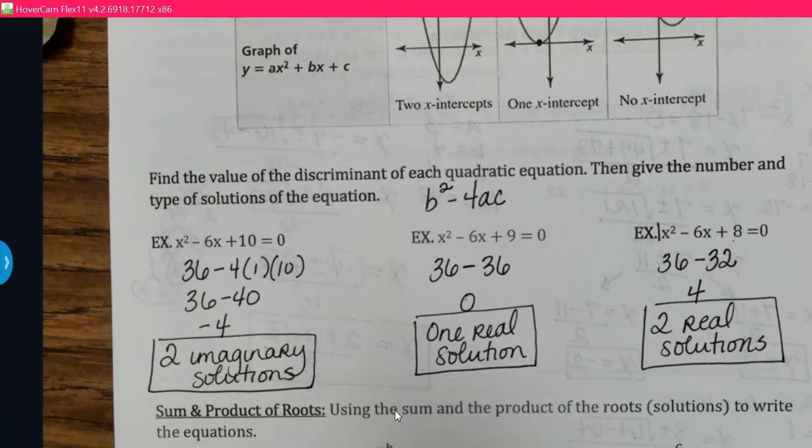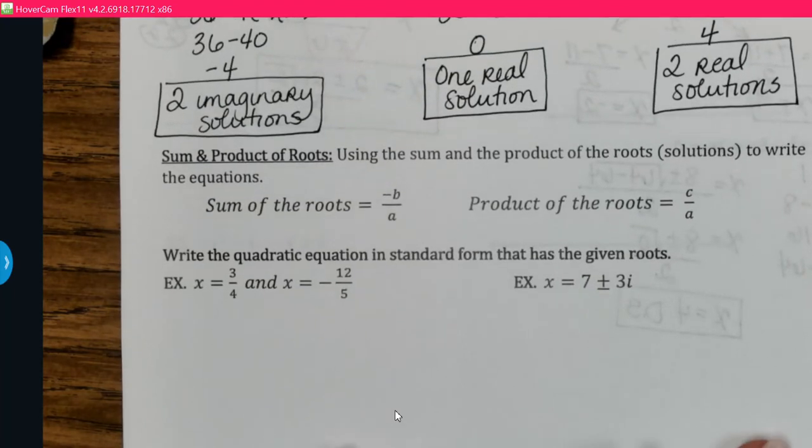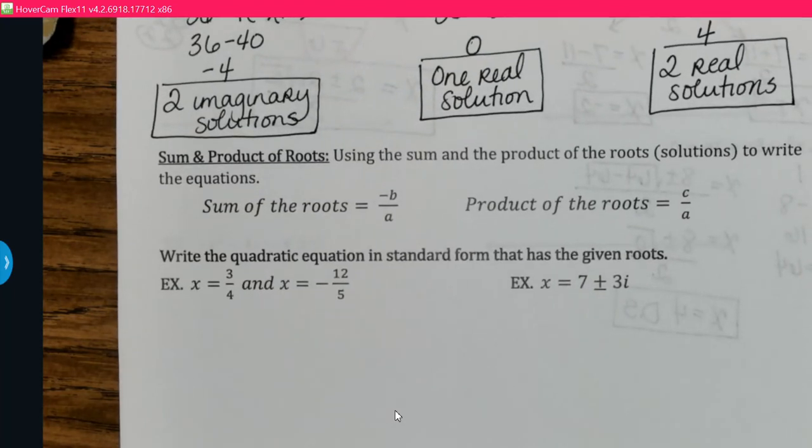Okay. So the next section is where we're going to do the sum and product of roots. So remember, your roots are the same thing as your solutions, which are the same thing as your x-intercepts. Okay? So if I'm giving you the roots, we're going to figure out how to write the equation just from those roots.